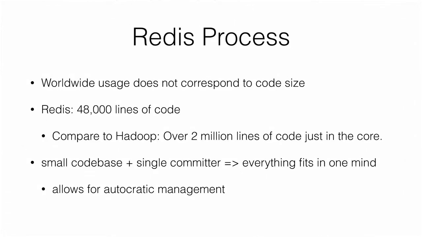So one special thing about Redis is it's so widely deployed, but it's still pretty small. Like Hadoop is 2 million lines in the core of Java, and Redis is under 50,000 lines. And one of the big points about that is because Redis is so small, and we have such a small development team, it allows us to keep everything basically in our heads as to the state of the code and the live state of problems and systems as they come up.